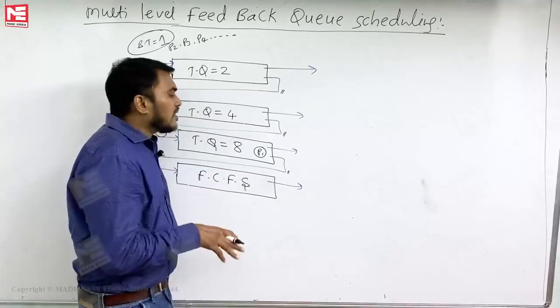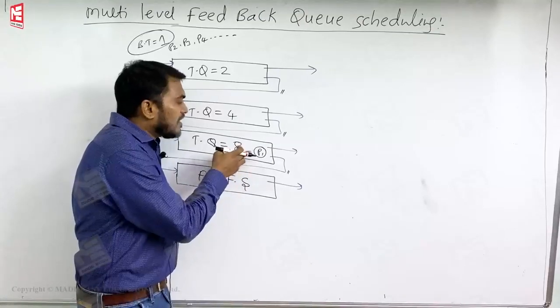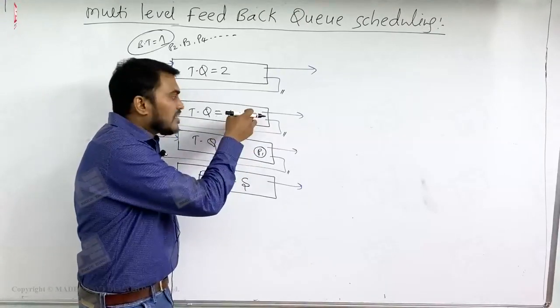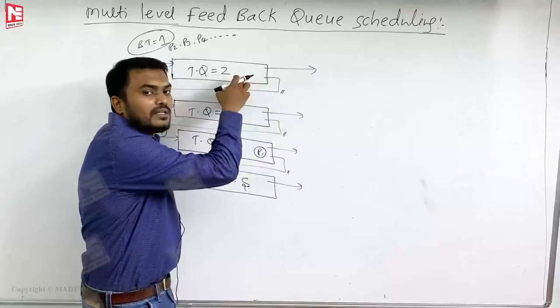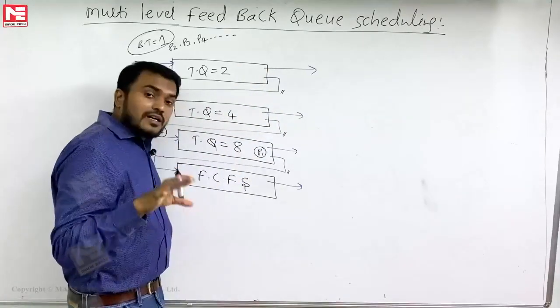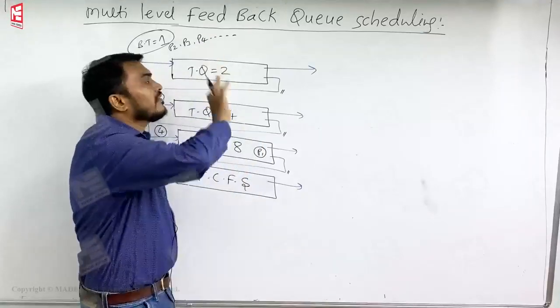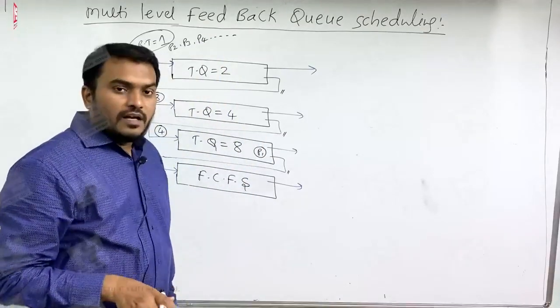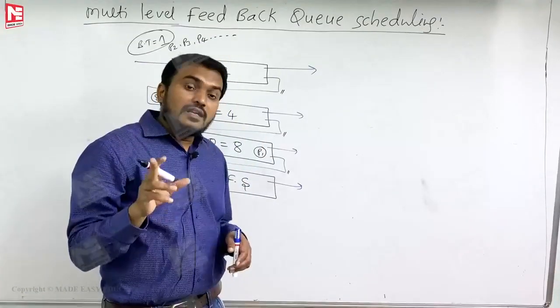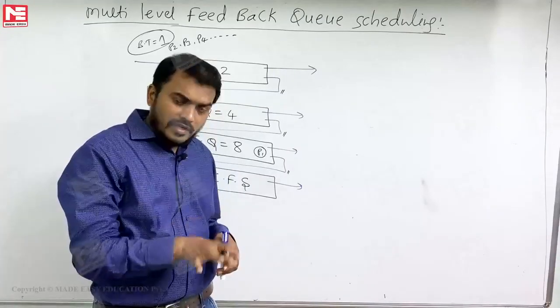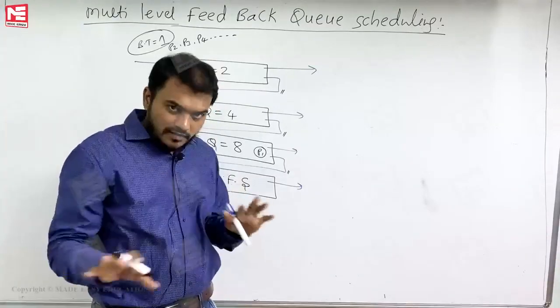Is that clear? So what will we do? We will increase its priority and place it in a higher ready queue. So in that case, if you apply the aging concept in the multi-level feedback queue, I am repeating, then there is no starvation.